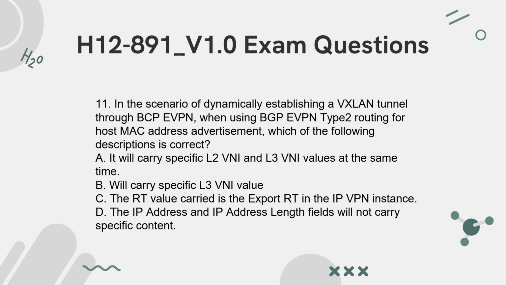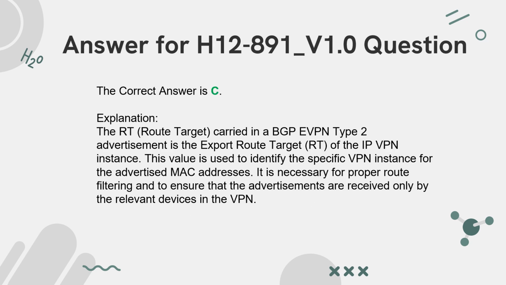B. Will carry specific L3VNI value. C. The RT value carried is the export RT in the IPVPN instance. D. The IP address and IP address length fields will not carry specific content. The correct answer is C.